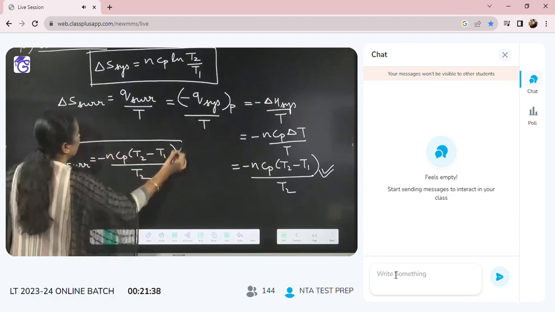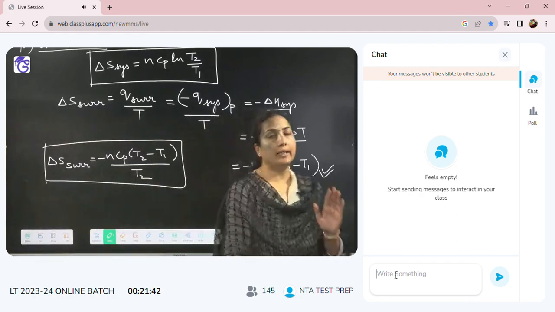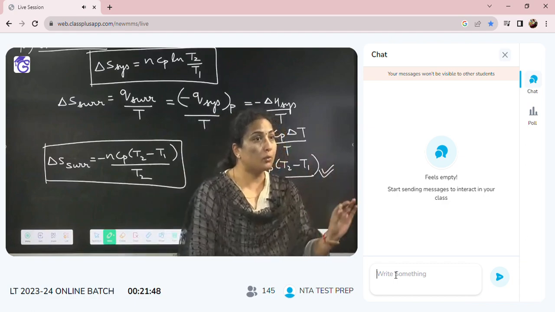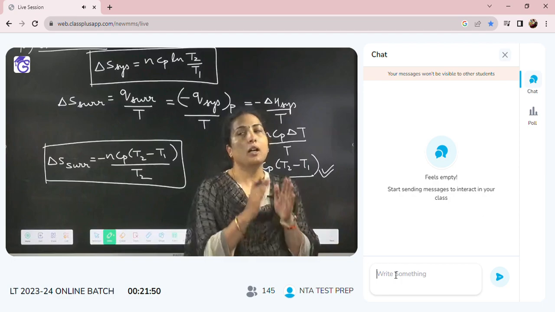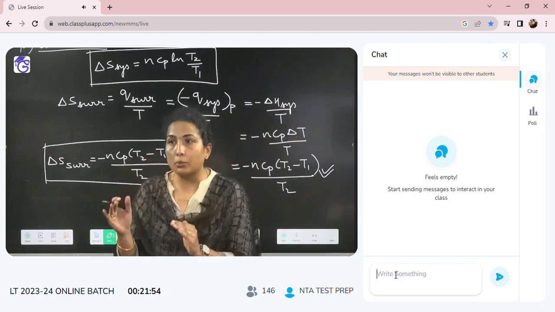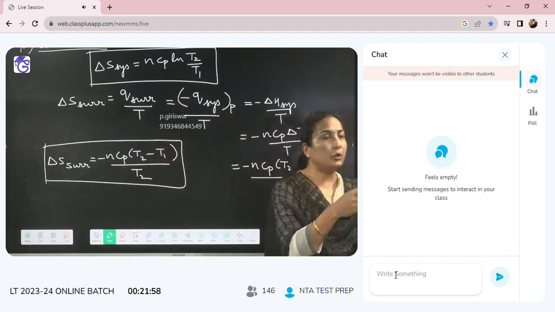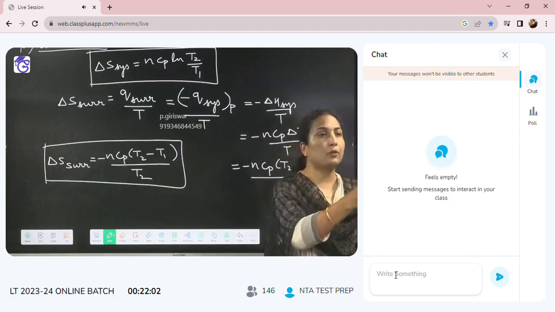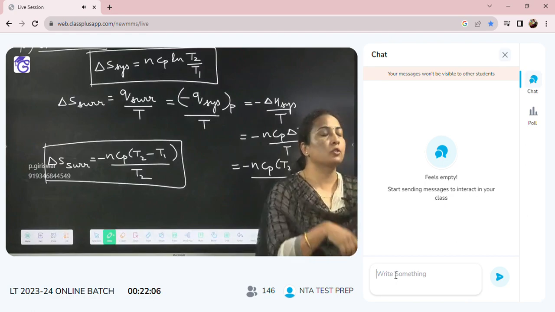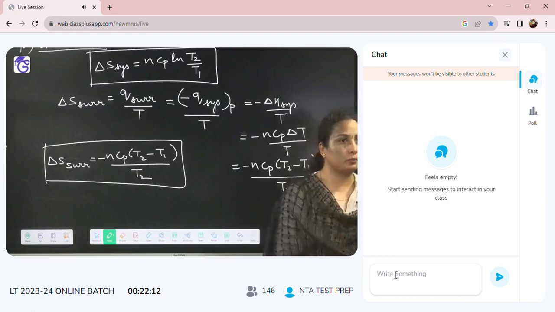Now, one thing to be understood here is T1 is the initial temperature of the system, T2 is the final temperature of the system, and T2 is actually the temperature of the surrounding. Always remember, a system will finally acquire temperature according to its surrounding. For example, if your mother brings a hot glass of milk and you keep it on the table, is the entire room becoming hot, or does that glass of milk cool down?